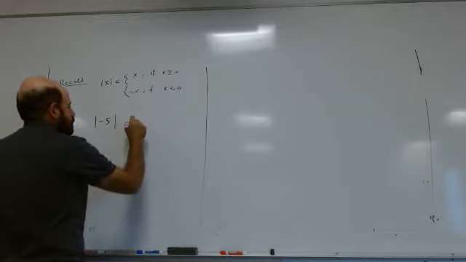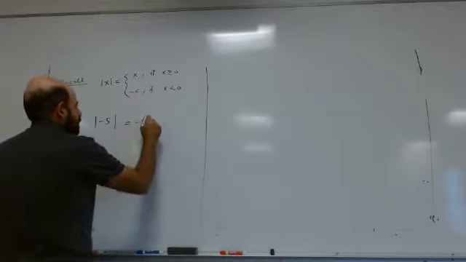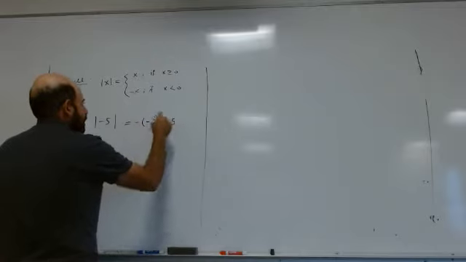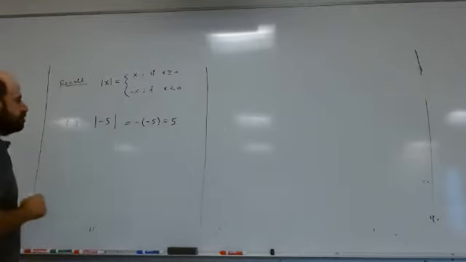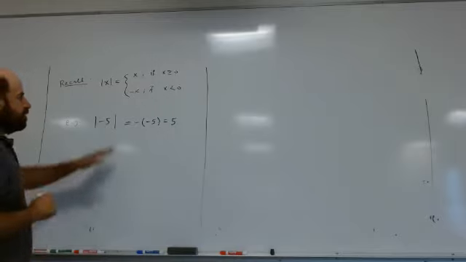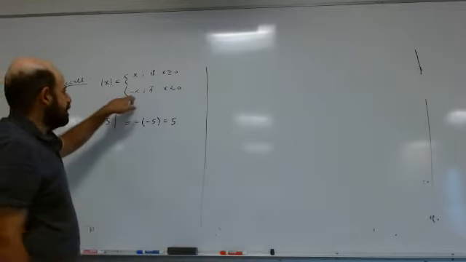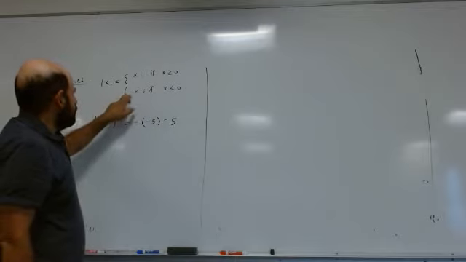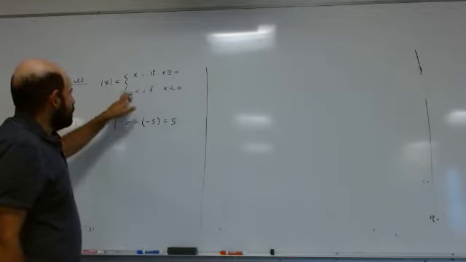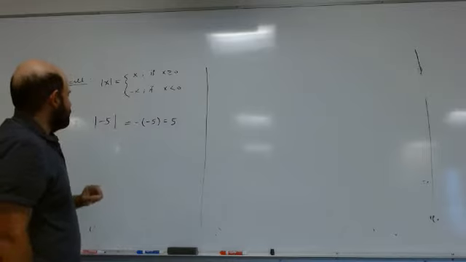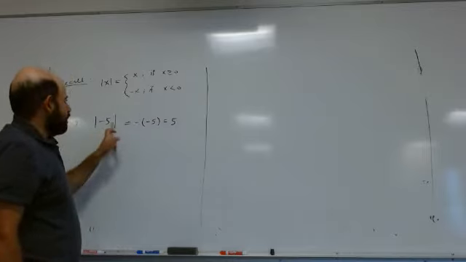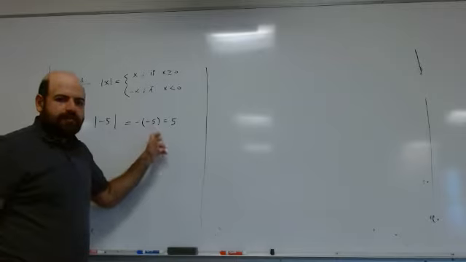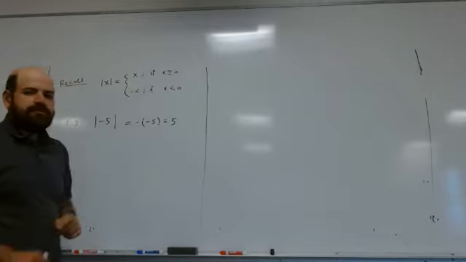So it becomes minus minus 5, and that is 5. Because the second formula implies that if x itself is negative, you have to use this formula, so the output of absolute value x will be minus x. If x is minus 5, the output will be minus minus 5, and the answer is 5.